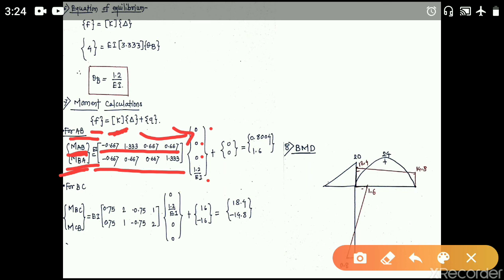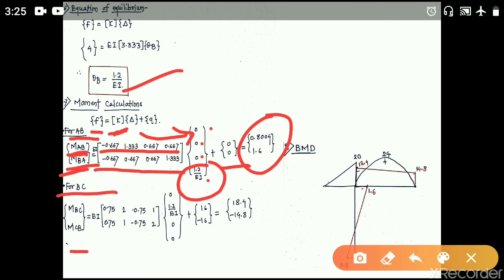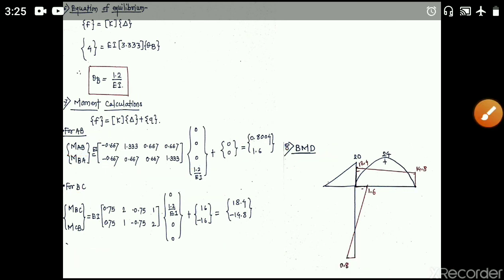The displacements 1, 3 and 4 are 0, and for 6 we use the value calculated, plus Q after imposing the boundary conditions. Q AB is totally 0. So we have these moments, and similarly for BC. Once you get all these moments, the last step is the bending moment diagram. So this problem is completed.